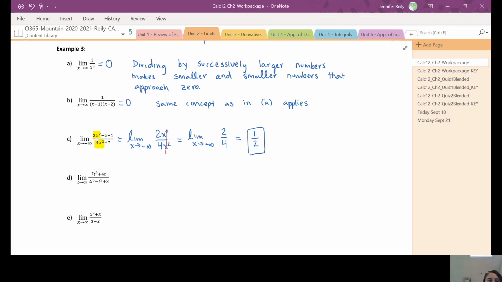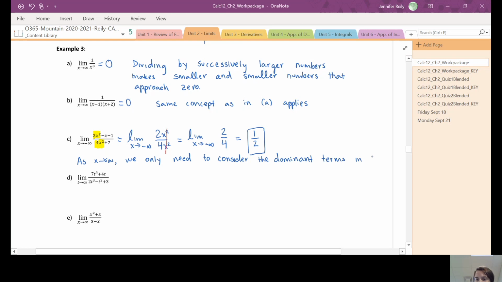And so I'll write this down below as well. As x goes to infinity, or I guess we're going to negative infinity here, we only need to consider the dominant terms in the numerator and denominator.